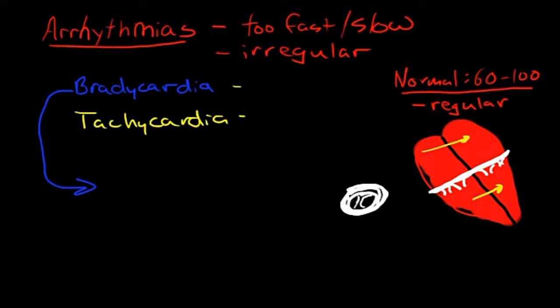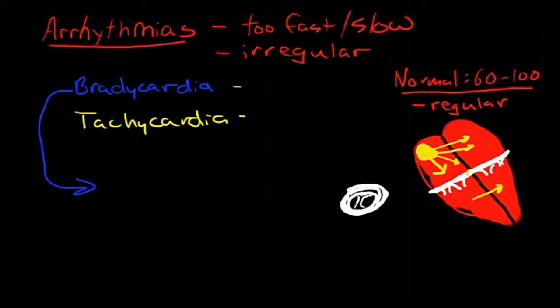Remember, we have an SA node up here, and I'm making it a little big. The SA node is, in a normal heart rhythm, the pacemaker of the heart, and it starts and initiates the action potential of every heartbeat.